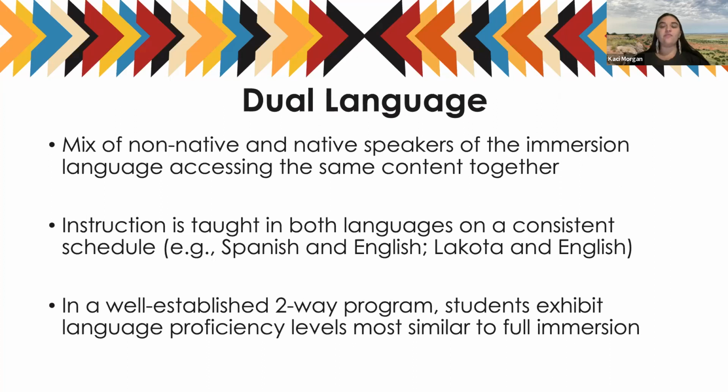So if you do have a mix of students, there are lots of structures around student working groups that are really helpful for growth in the immersion language if you do have that diversity of native language. And so those mixed working groups can enhance the transmission of both languages.